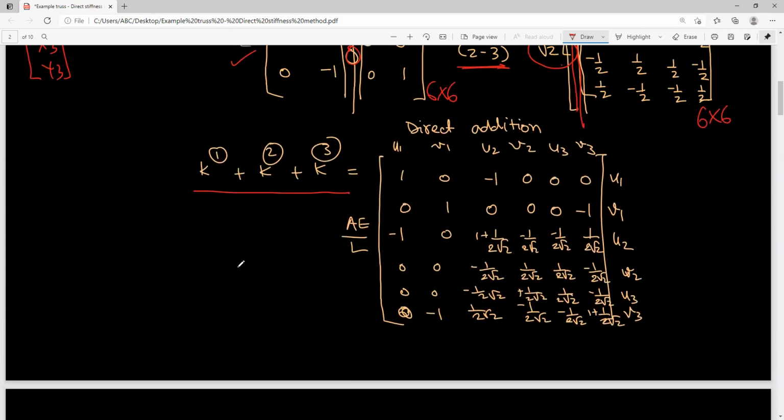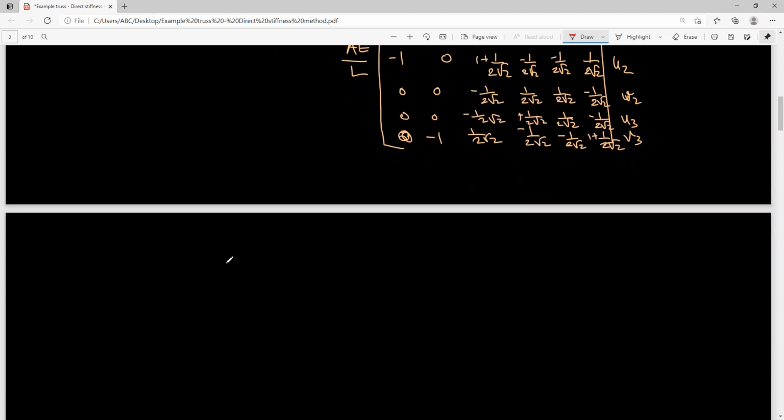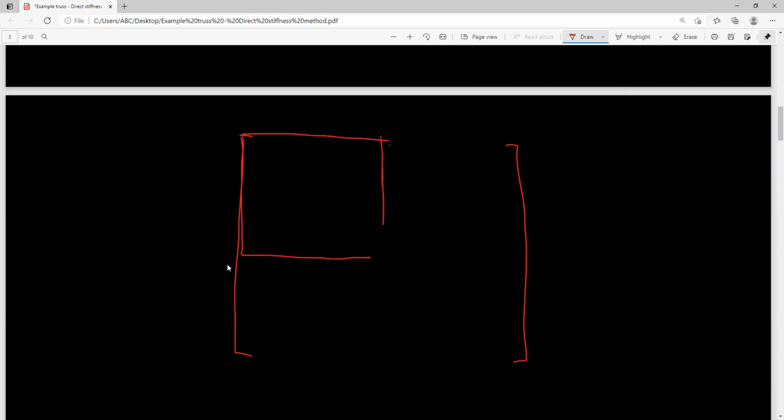By direct addition, you may notice the actual picture of that particular matrix will be something like this. Here you are adding the first, and you have introduced some members here, so ultimately it becomes the size of the global stiffness matrix.